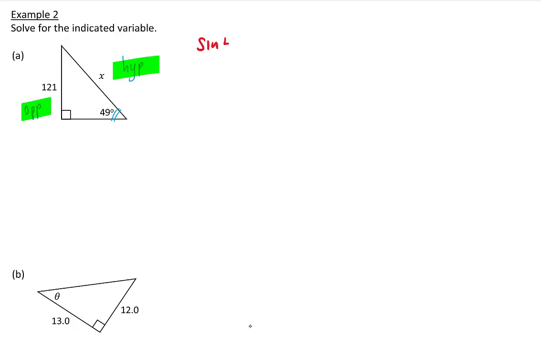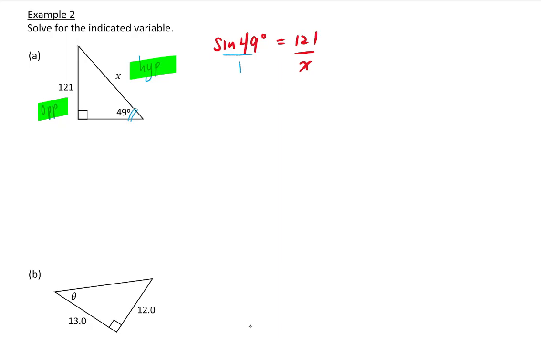So the sine of 49 degrees is equal to, if we take the opposite as 121 and the hypotenuse is x. Remember, this is sine 49 over 1, and the other side is 121 over x. So the next step when x is in the denominator is to cross multiply so we can get the x into the numerator.